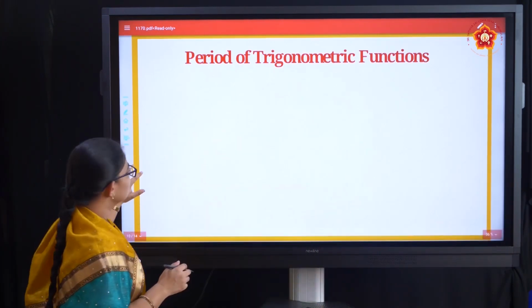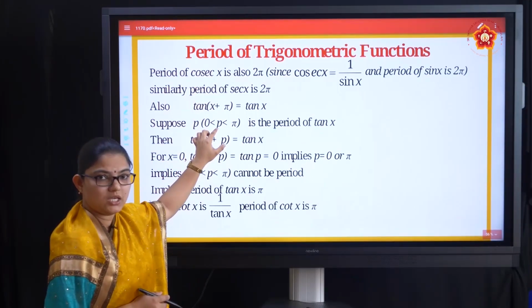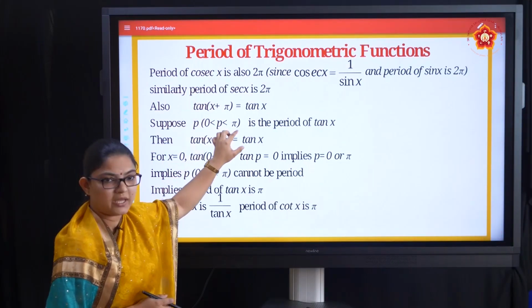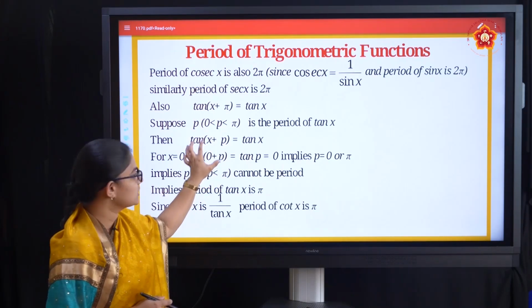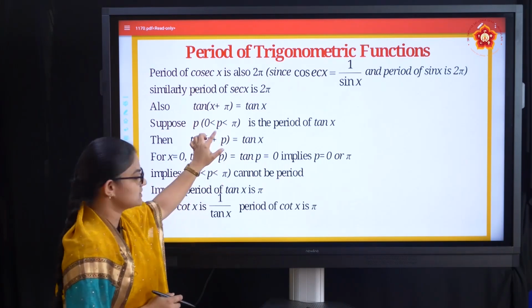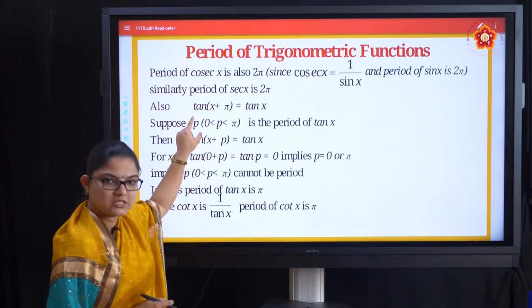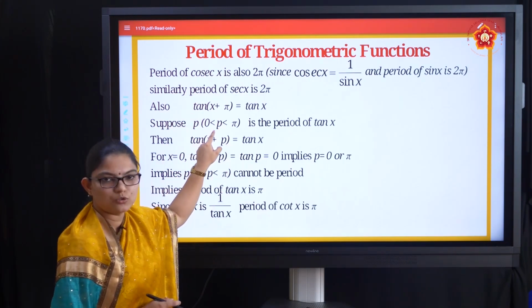And also we say, suppose if any p exists in between 0 to pi which becomes the period, we have to prove that that is not possible. That is, there is no p that satisfies this fact f of x plus p is equal to f of x for tan which lies in between 0 to pi.